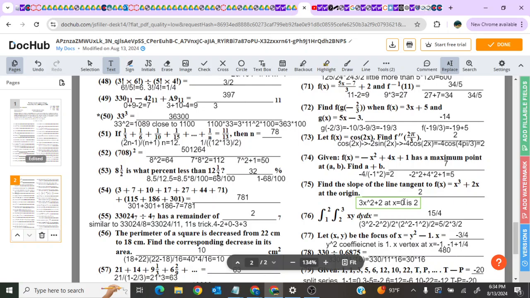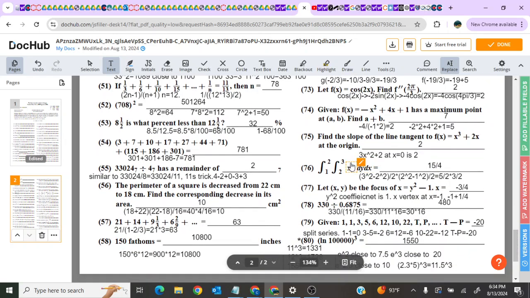76, integral from 1 to 2 and integral from 2 to 3 of xy dy dx. I'm going to skip the explanation as to why this works, but basically, whenever you're given something like this, you take these bounds, you square them and subtract them and divide by 2. And then you multiply that by the same thing done over here. So 3 squared minus 2 squared is 5, 5 over 2.